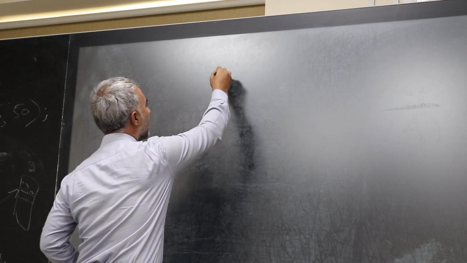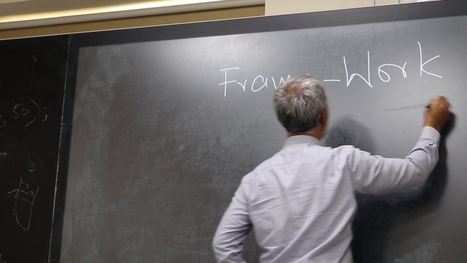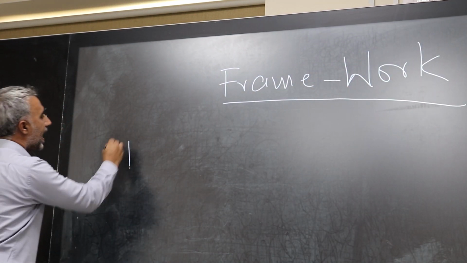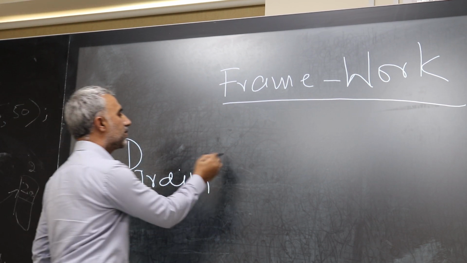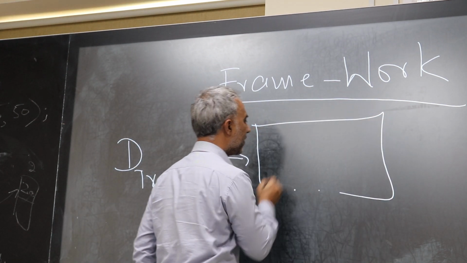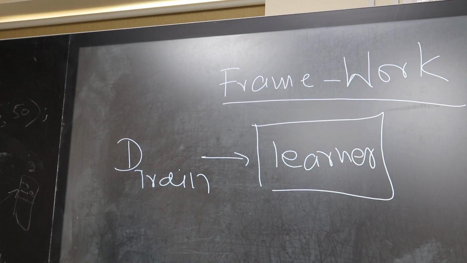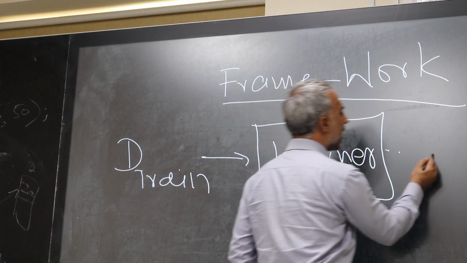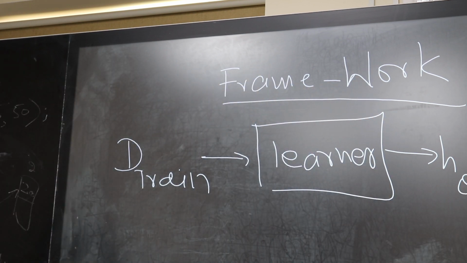Moreover, if you want to check out the things in much detail in terms of framework, you can say that you train the data, and from this training the system learns, or you can say there is a learner who learns the training behavior, partially behavior, and helps out prediction.